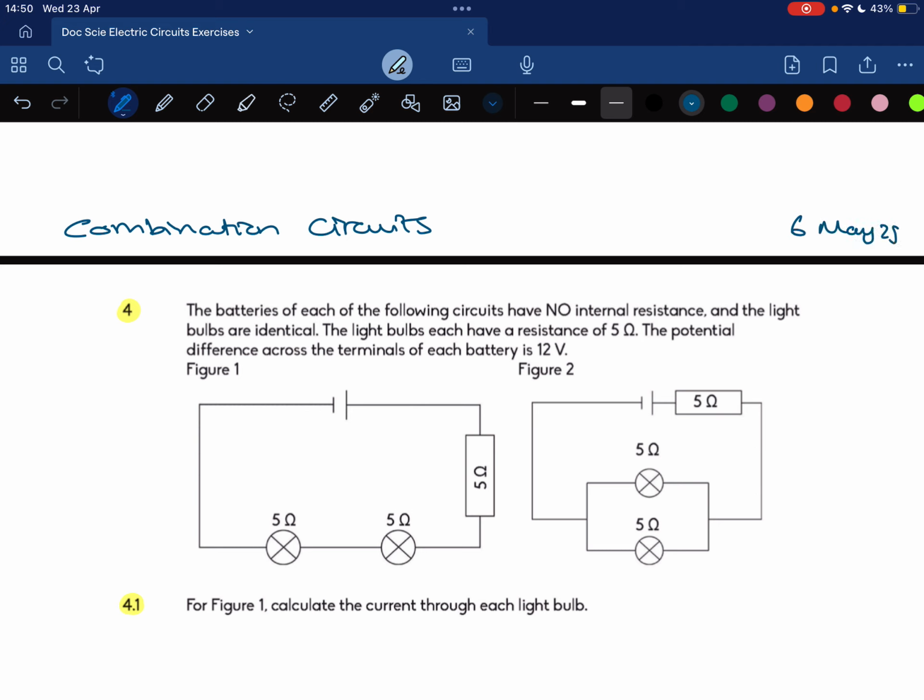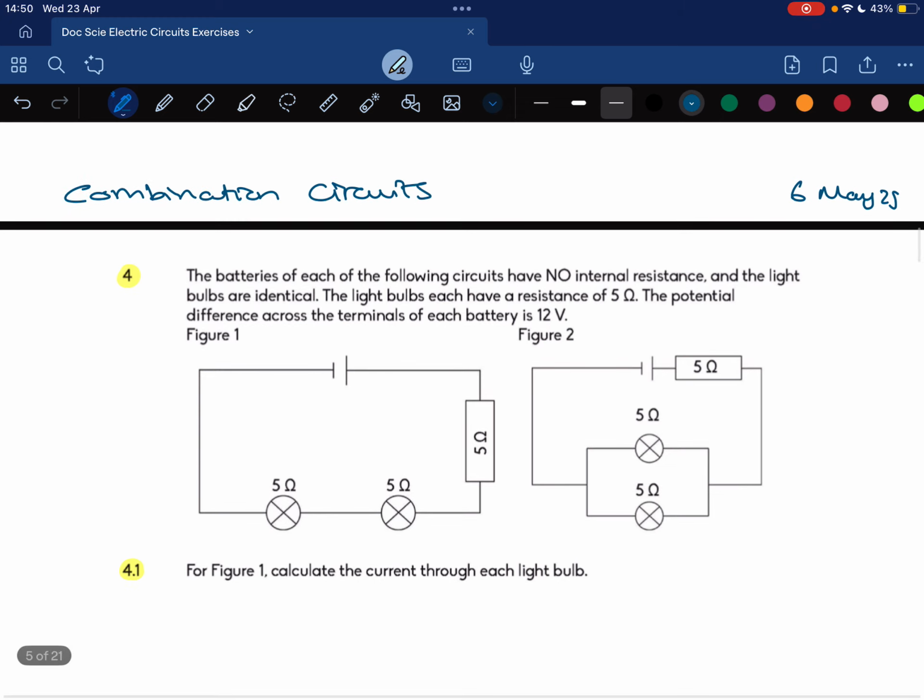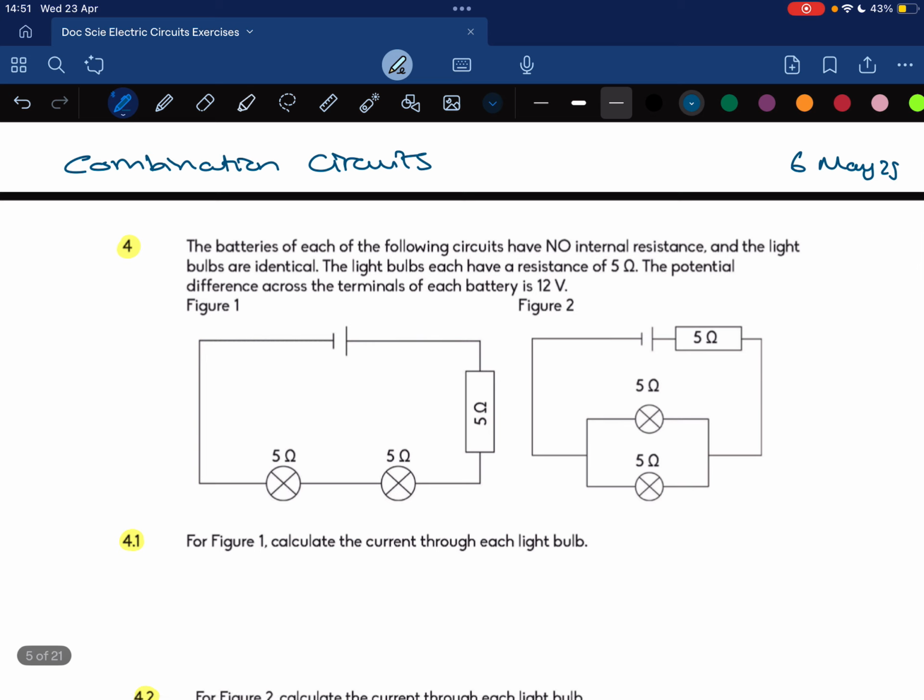Okay, so when we read this question, we notice that it says the batteries of each of the following circuits have no internal resistance. What that means is that there isn't any sort of resistance that we have to worry about inside the battery. That's only going to become an issue next year.